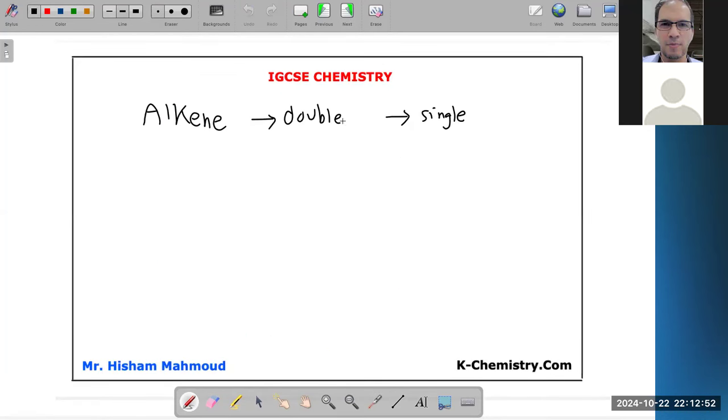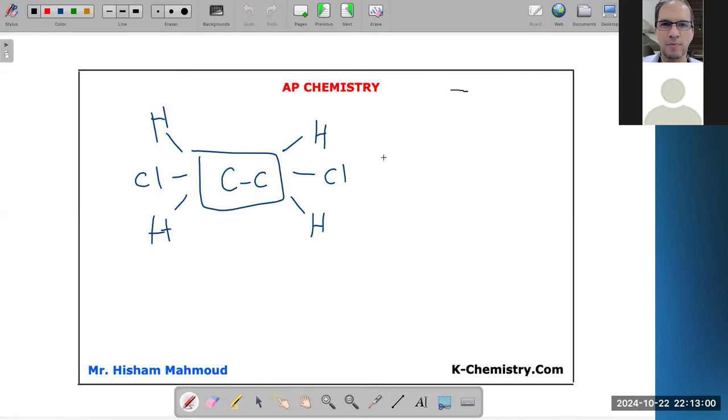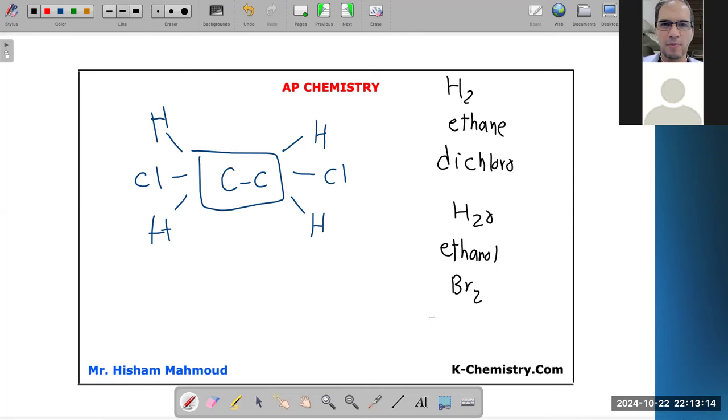Alkene, double, single, it's an addition. You add chlorine, it's a dichloro. You add water, it is ethanol. You add H2, it is an ethane. You add Br2, it is dibromo.